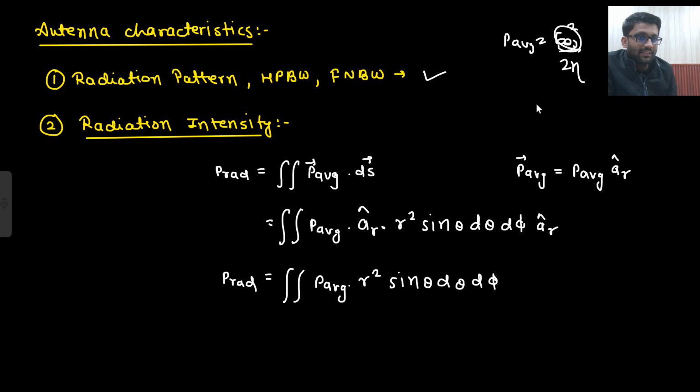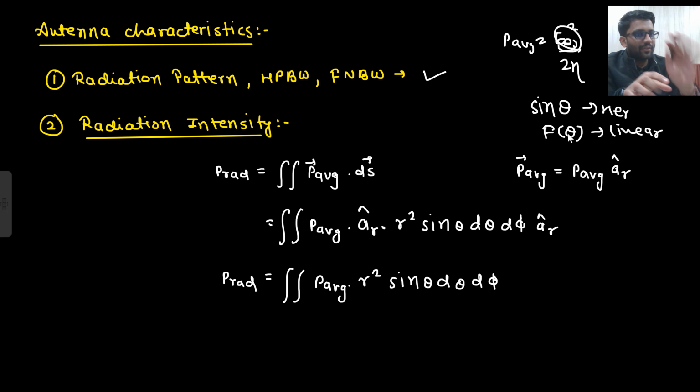For the Hertzian dipole it was a function of sin theta, and for the linear dipole it was a function of f theta. So always it is a function of theta, but for some antennas it could be a function of phi as well. In radiation pattern, I told you that for whatever antenna we are studying, your E theta, or your normalized value of electric field, will be a function of theta. But for some other antenna it could be a function of phi as well.